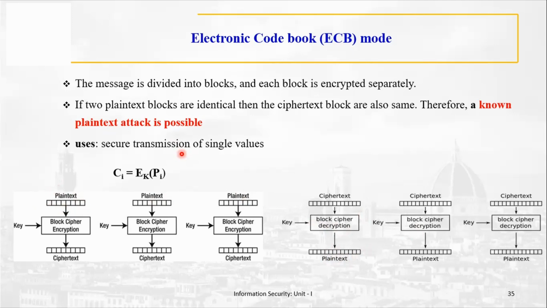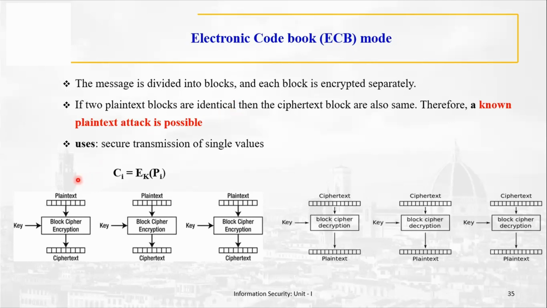If that word is continuously repeated in my original message, let's say there is a very secure, confidential document that I need to encrypt, but that document contains the word defense quite a few times, because the document contains all defense-related content.